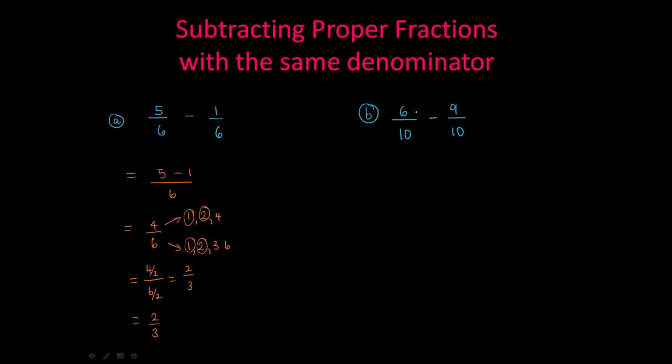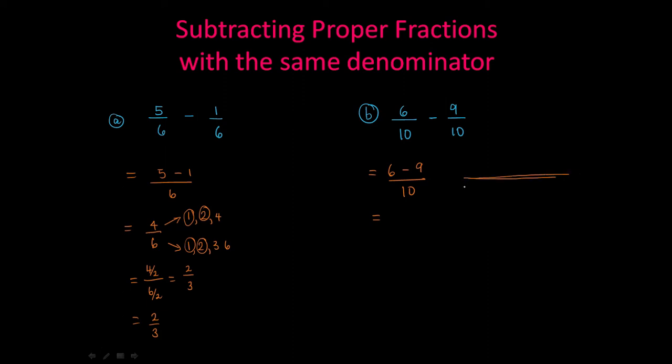Let's try this one. See, the denominators are the same, so we could subtract the numerators. So we'd say 6 minus 9 over 10. And again, remember fractions can be negative. So we learned on the number line that if we say 6 minus 9 and we subtract in, we start on the positive side of the number line.